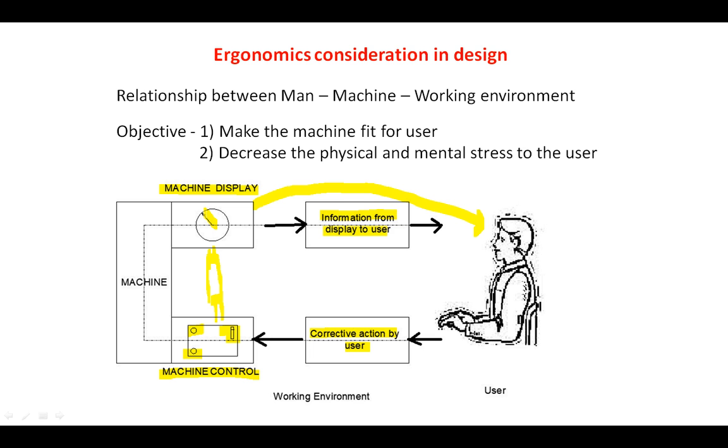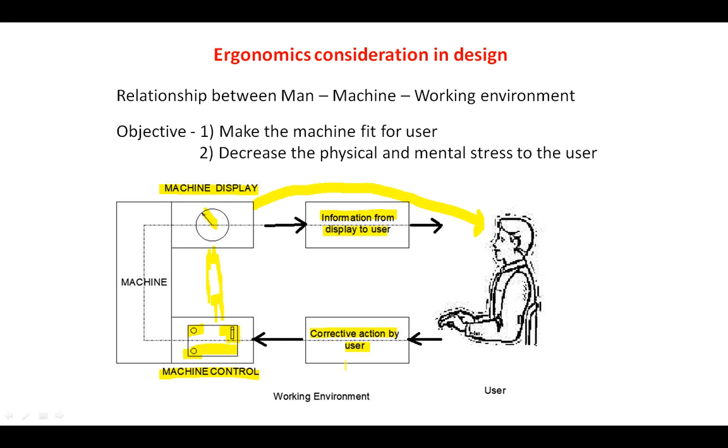And if the user feels that it is a less force, or there is a need to increase the force, then the user will increase this force by turning a knob on a control panel. In the control panel there will be a knob, and by turning this knob the user can easily change the value of force. So this is a corrective action.